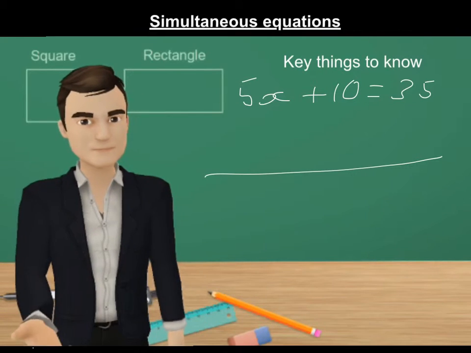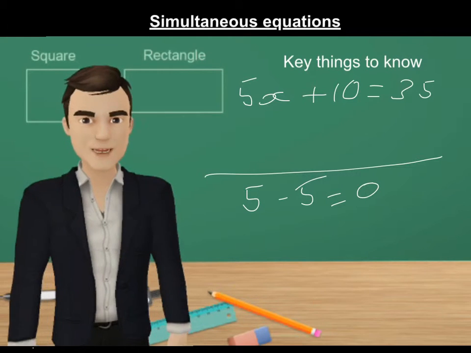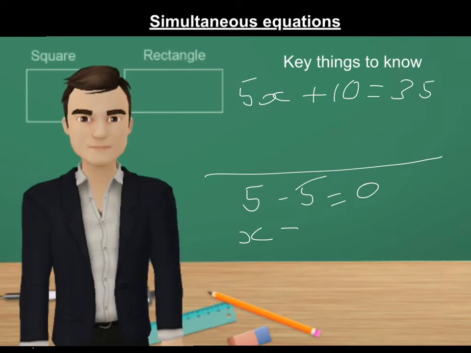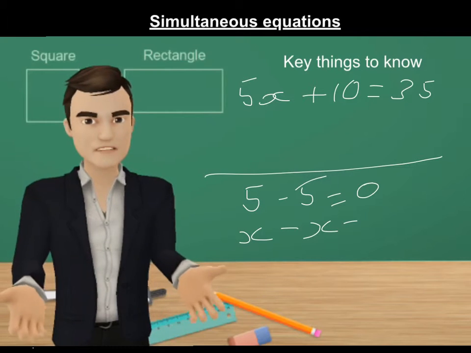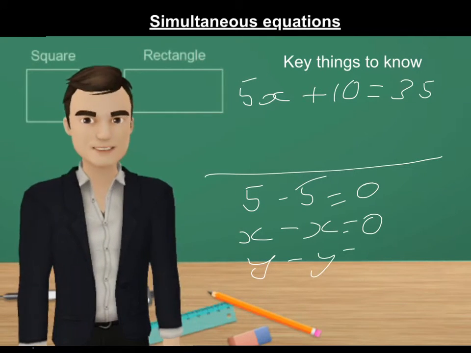For example, 5 take away 5 equals 0, or x take away x equals 0. z take away z equals 0. And y take away y equals 0. So we know our key bits of information, or we know how to solve linear equations, and we also know that anything take away itself is equal to 0, and we're going to need those shortly.